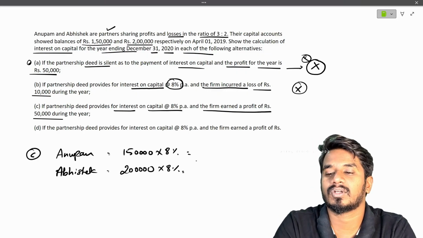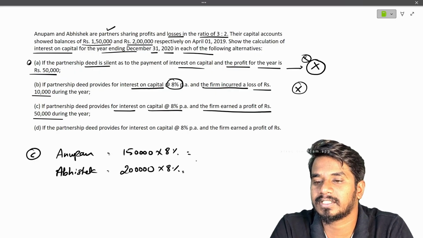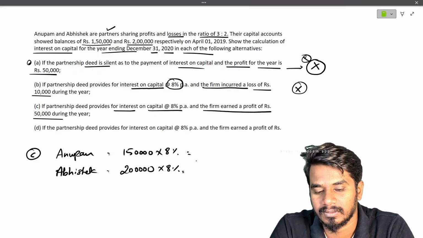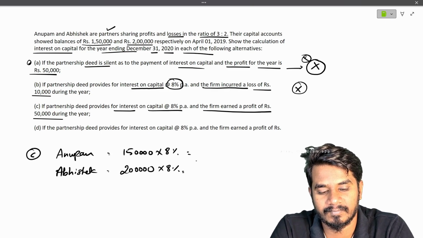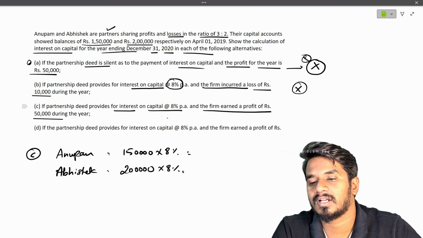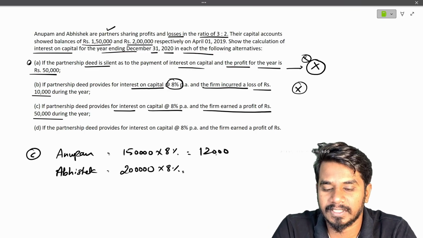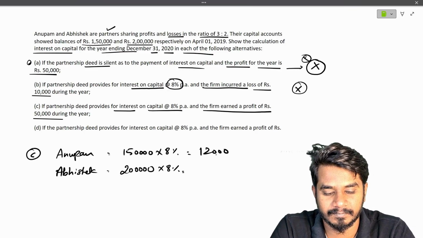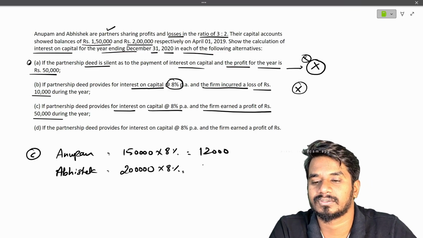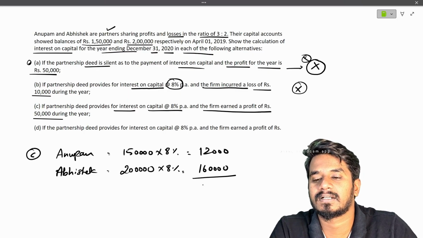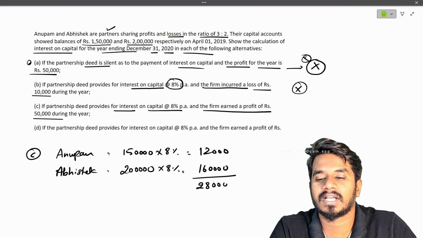We need to calculate for the whole year. There is nothing mentioned about additional capital introduced, no other things. So directly 8%: 12,000 for Anupam, and 2 lakh rupees into 8% is 16,000 for Abhishek. So total it is 28,000 interest on capital.